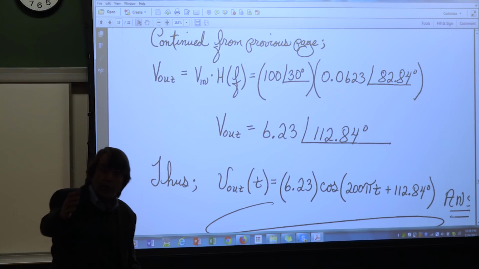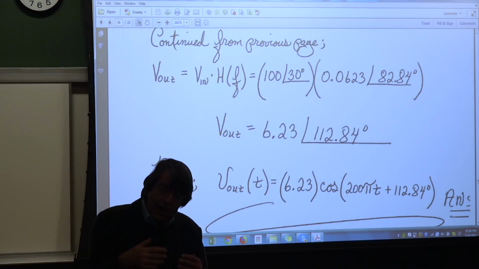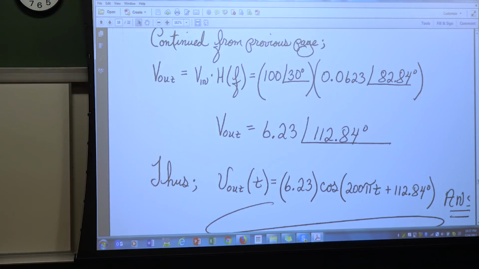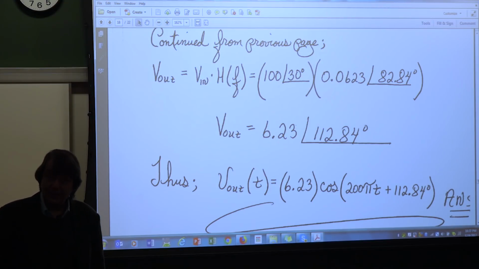Now, my colleague was so helpful here. I wonder if I could call on you again, sir. You were so helpful before. How do I know the output frequency now? Right, so we had V in, and you were very helpful pointing out to me what the frequency of the input was. What we've now done is I've calculated the output magnitude and the output phase. How do I get the output frequency? Perfect, exactly, right?